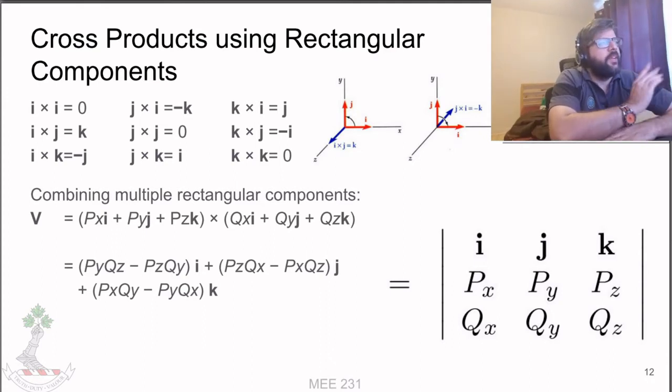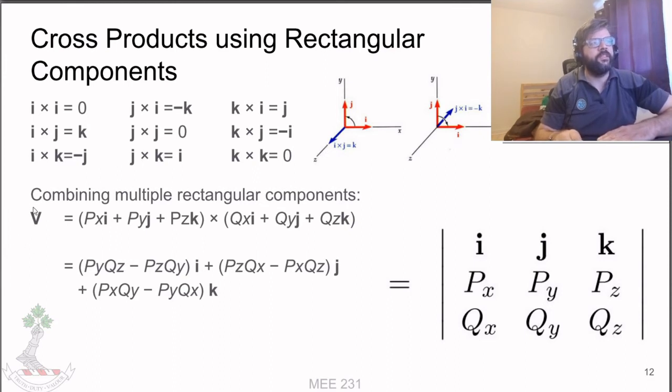So we can take the various vectors that we're trying to take the cross products of, and break them up into their rectangular components. And then from there, we can do our cross product in order to get the resultant that is also in its rectangular components.